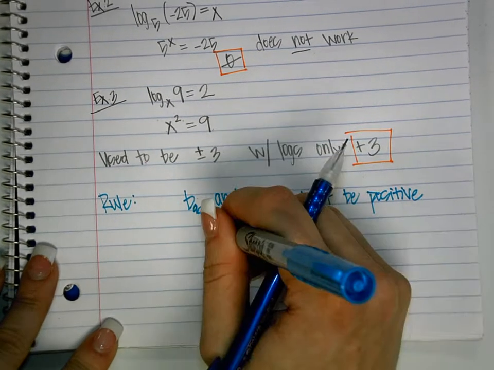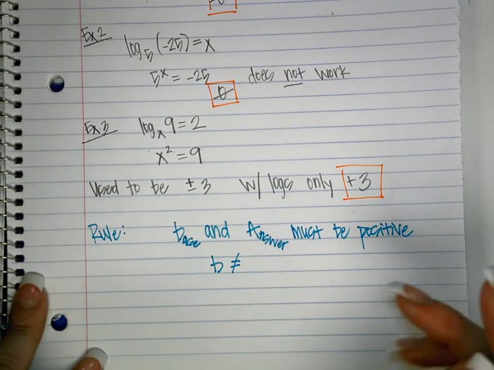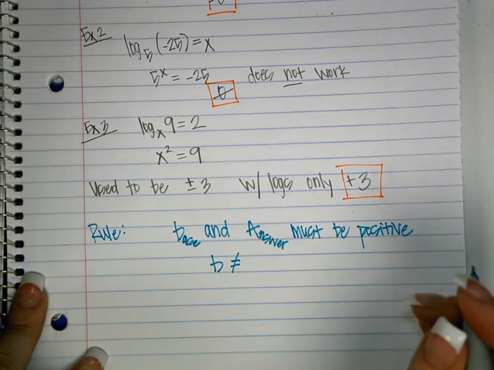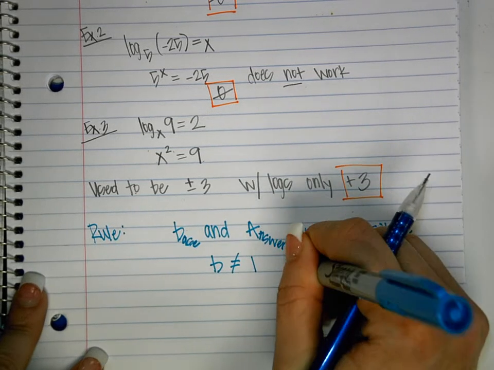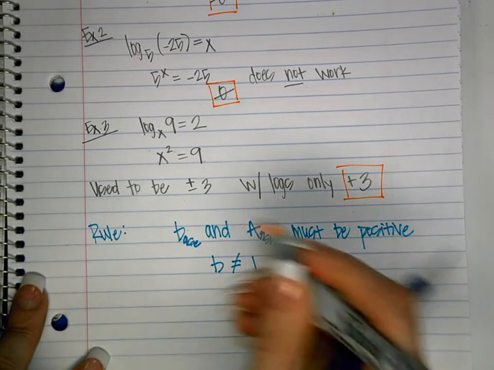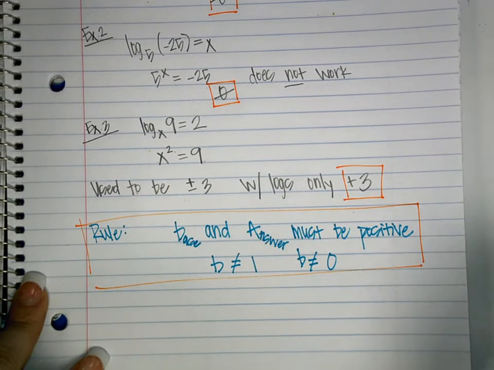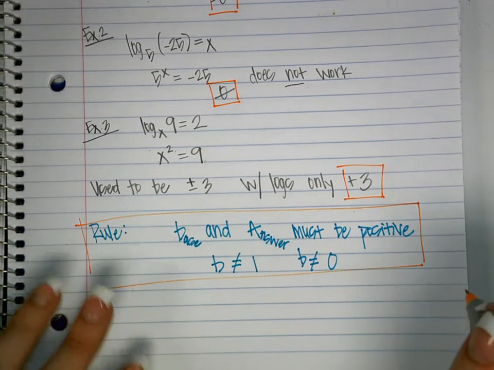Also, what can your base not be? b cannot equal 1, and b cannot equal 0. So your base and your answer must be positive. Also, b cannot equal 1 and cannot equal 0.